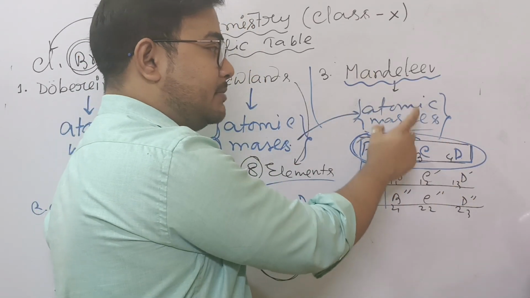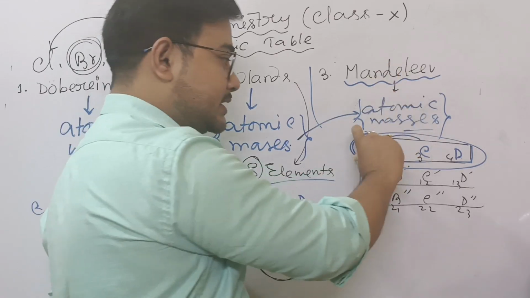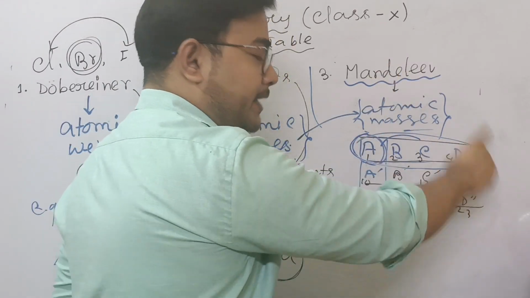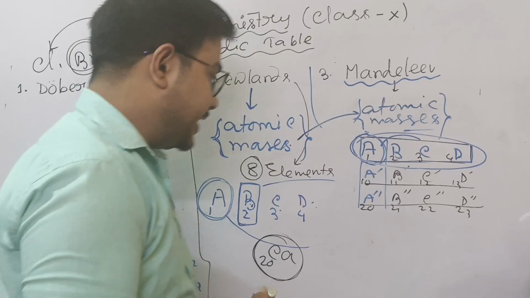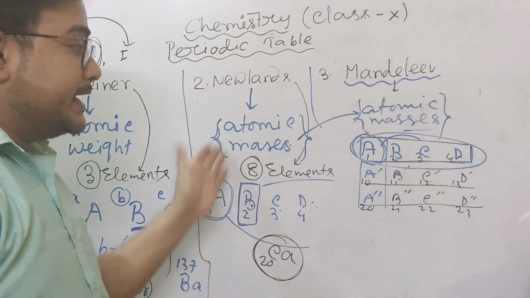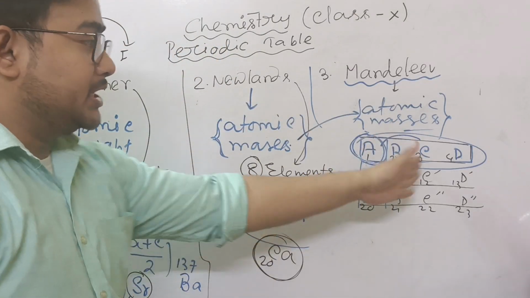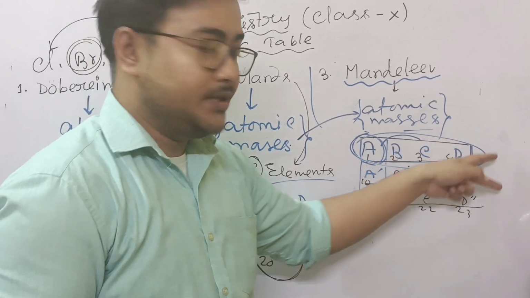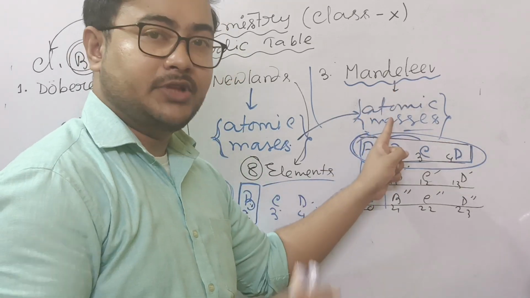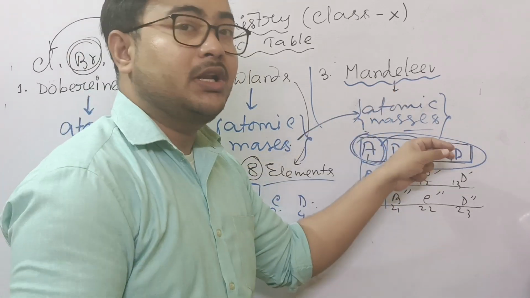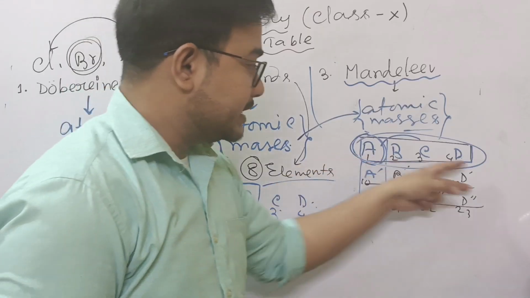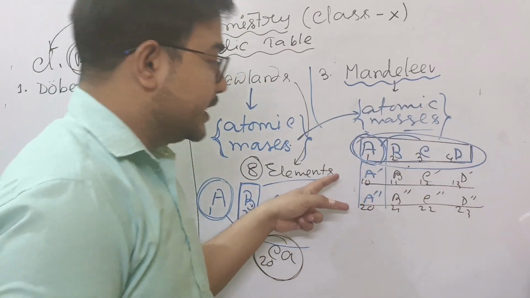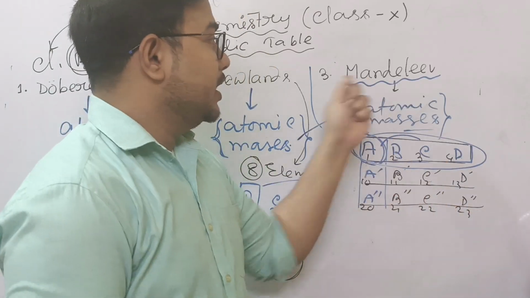If we arrange the elements with respect to their atomic masses in a complete period, their properties are more or less the same. But in Newlands' law the property of the elements reappears at 8. There is no fixed position here. If we arrange the elements in increasing order of atomic masses, the whole period has more or less the same property.